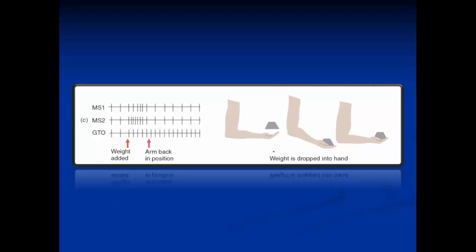Now, here you're holding your arm straight. Now, suddenly, a weight's dropped into the arm. So now a few things are happening. When the weight is dropped into your arm, right, initially, your biceps is going to contract to try to counteract that. Now, when my muscle is contracting, what's that going to do?